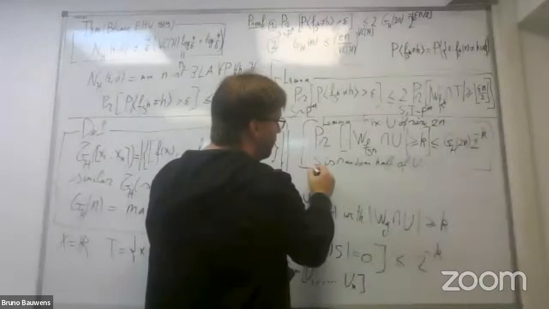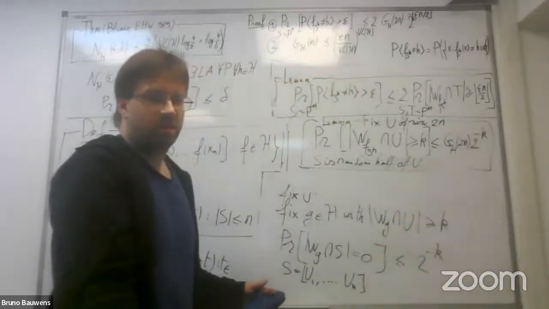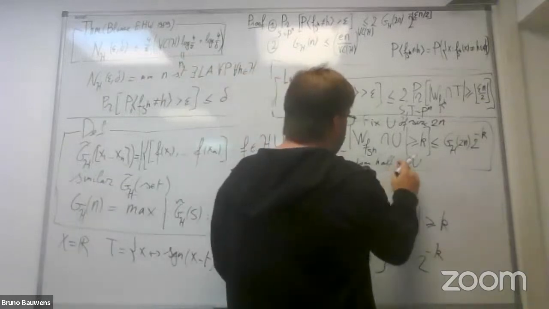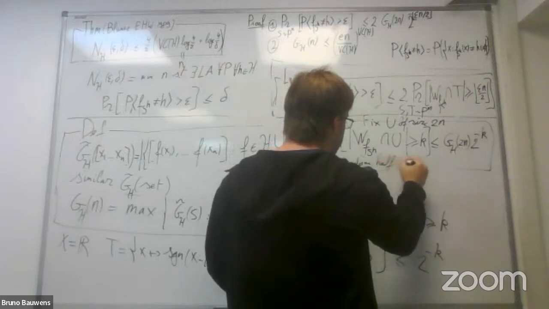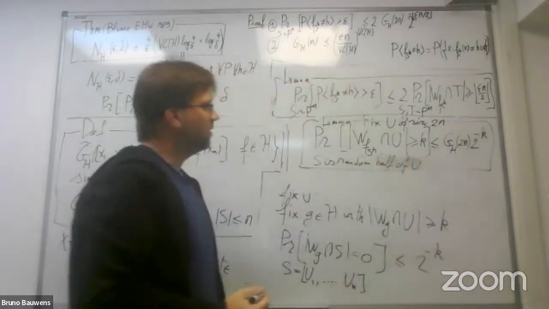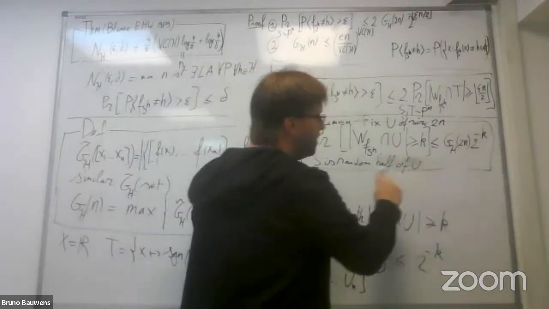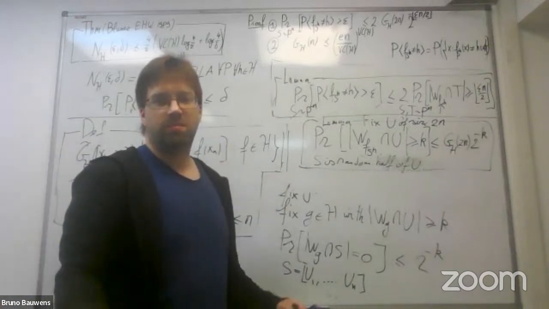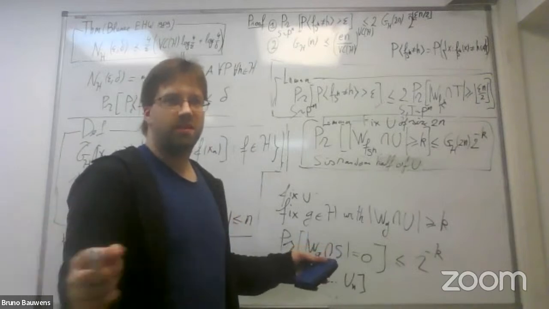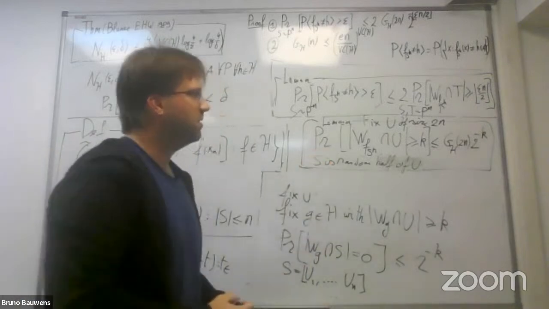Let's say it's a random first half of U. You just take randomly half of the items in the list. There can be repeated elements in the list, but it doesn't matter. You just pick half of the indices and collect them to be S. So the probability space is like picking n random indexes from 1 to 2n.